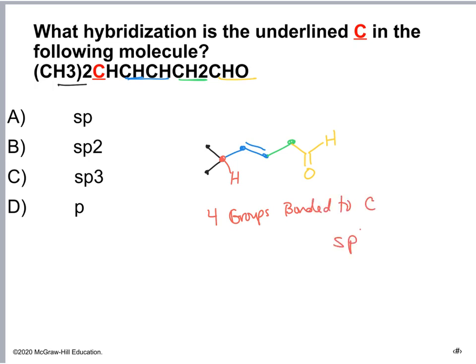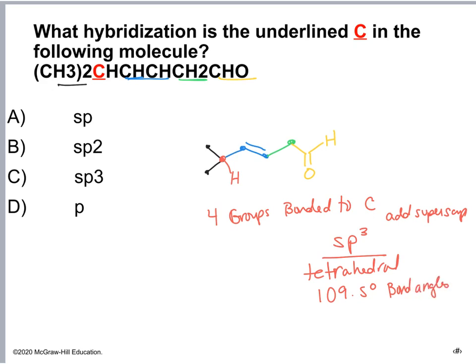So sp3, you add your superscripts, and you see that they total to 4. So sp3, what do we know about sp3? It's tetrahedral. This is the hybridization, which tells us it's tetrahedral with 109.5 degree bond angles. All right, so the answer is C.